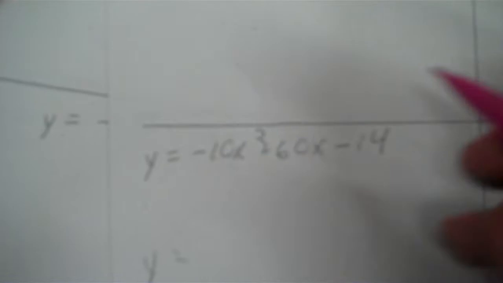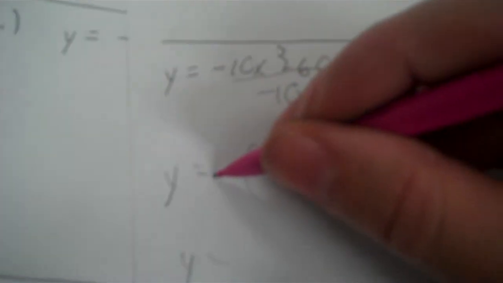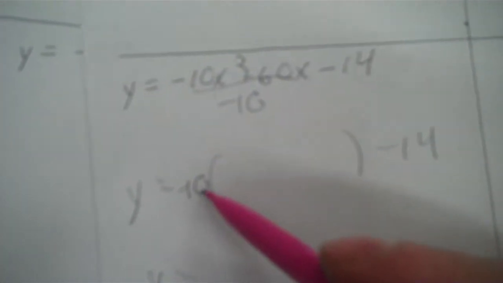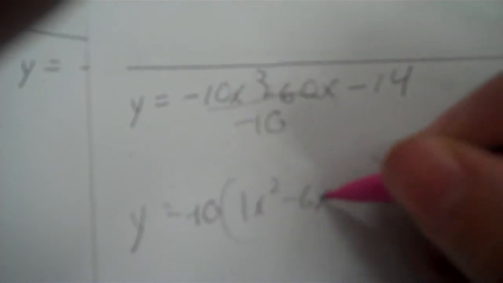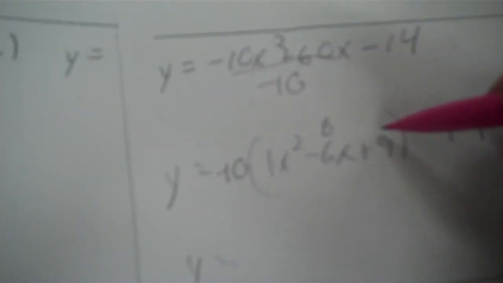Okay, next thing. Again, it's a 3-step procedure. Kick minus 14 out, and make sure your A is a 1. It's going to be after I divide out negative 10, but negative 10 doesn't just go away, it comes out here. So that is 1x squared minus 6x, that's my B. 6 over 2 squared, 3 squared, 9. So I brought in the product of 9 and negative 10.